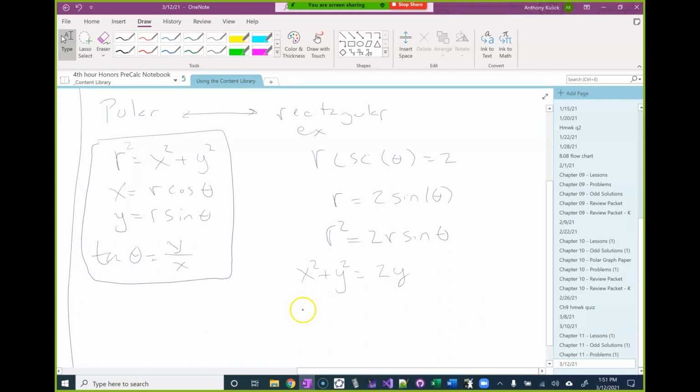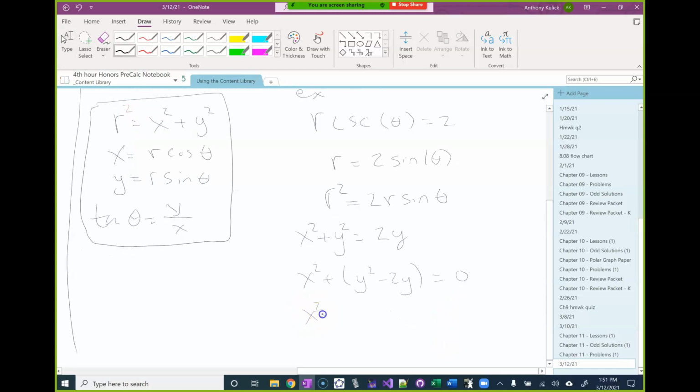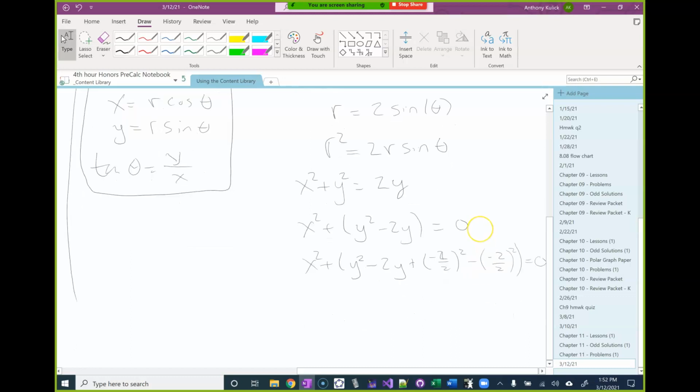The last piece of this is to just get this into the form of a circle. Since I have x squared and y squared here, subtract the 2y over. And then I'm going to do the completing the square piece. So I'm going to add and subtract -2 divided by 2 squared. If I'm adding it and then subtracting it, really I'm doing nothing at all, right? Just basically added a 0 there.